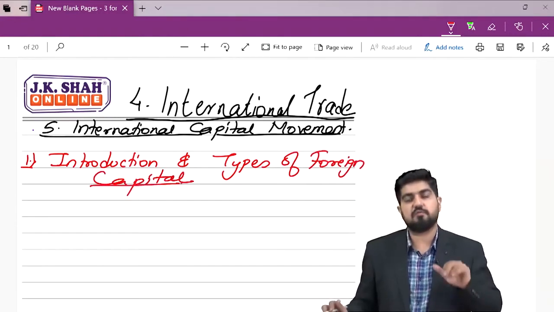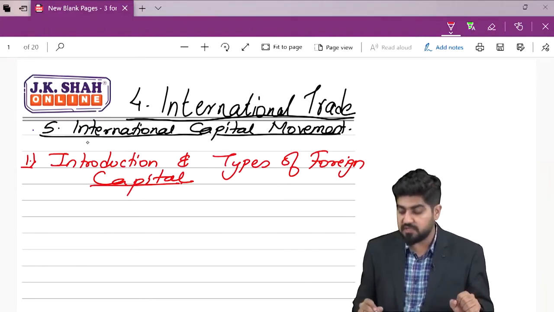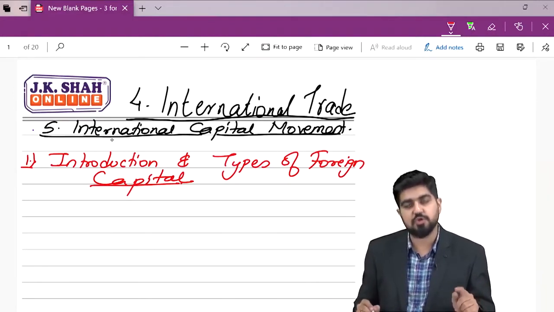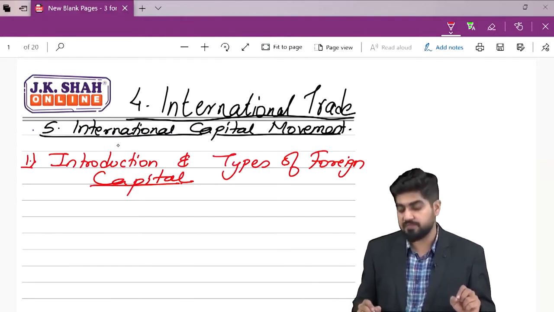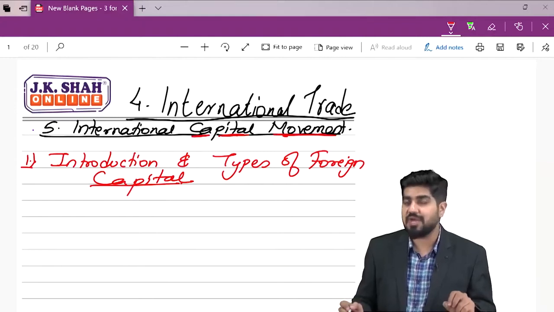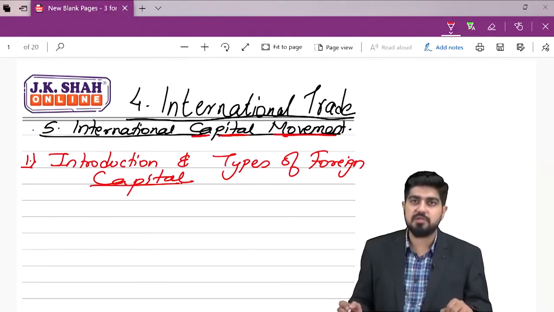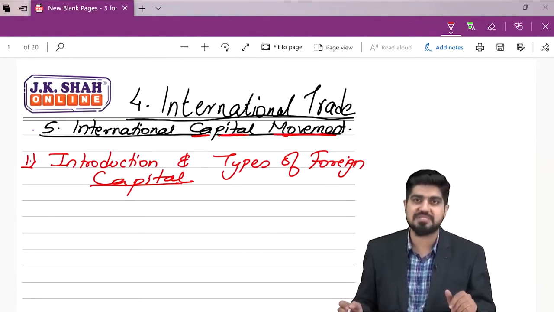Now friends, what does this name suggest to you? When we say international, which means cross border, multiple countries will be involved here. In capital movement, that is nothing but monetary transfers. Now it might excite you to know that when we are talking about capital, of course it is related to one thing, and that is nothing but business.